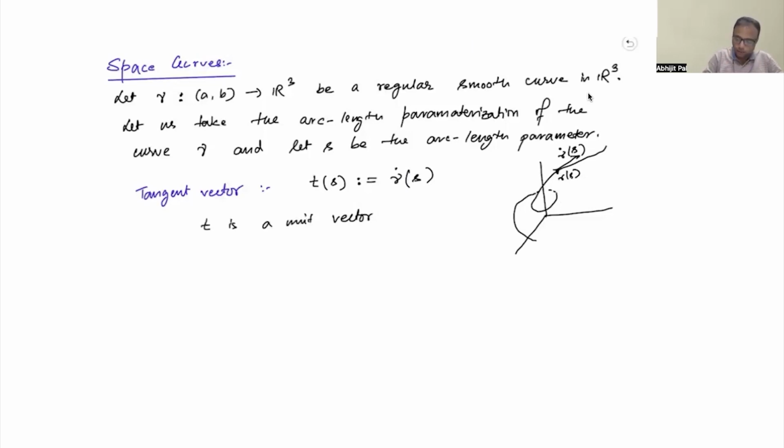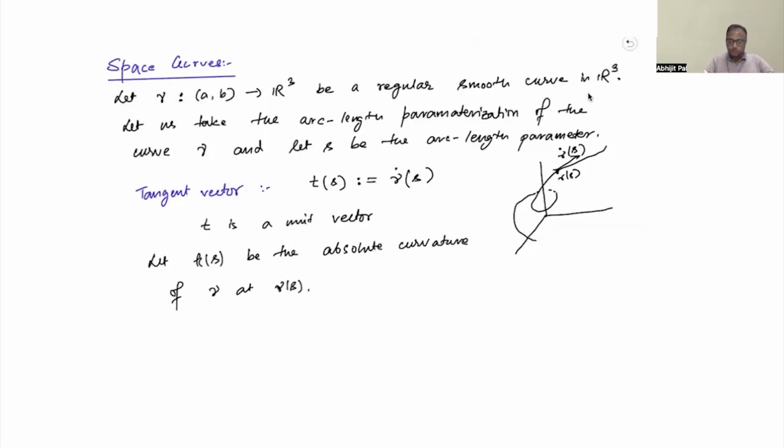So now let us take the curvature. Let ks be the signed, oh no, sorry, let us take the absolute curvature. So let ks be the absolute curvature of the curve gamma at gamma s.